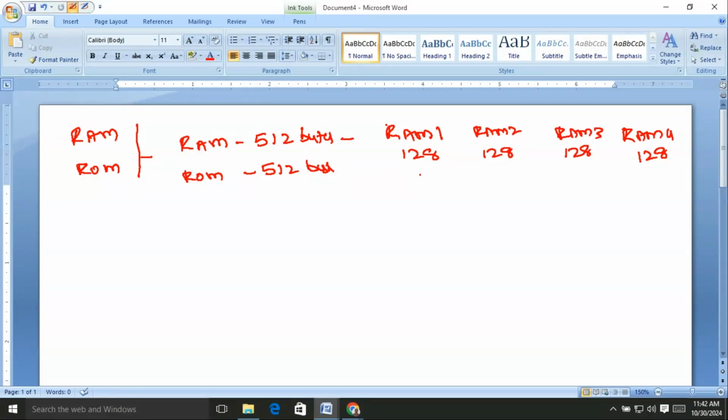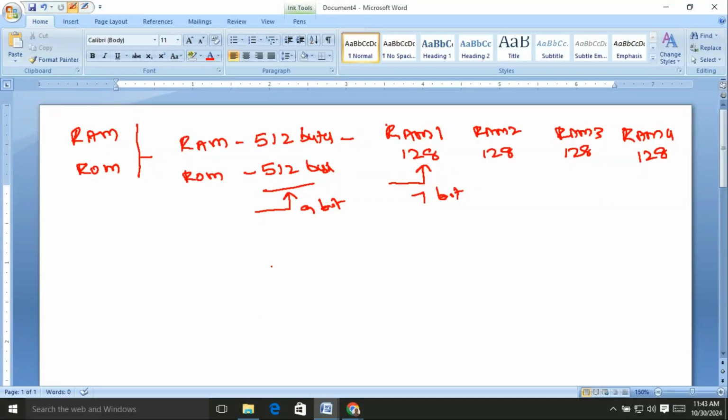To address any location in any of these 128 bytes, we need 7-bit address lines. The ROM chip capacity is 512 bytes, so to address any location in the ROM chip, we need 9-bit address lines.